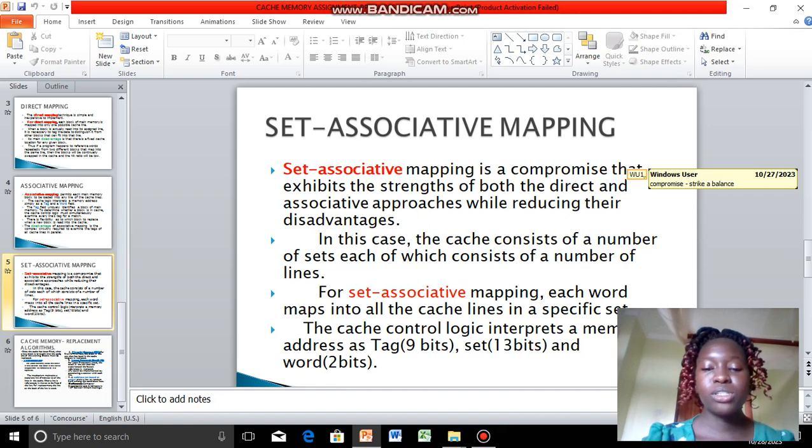Each word maps into all the cache lines in a specific set. So we have set 1, set 2. The word in the main memory block will map into the entire set 1 or the entire set 2. Then the cache control logic interprets a memory address as a tag with 9 bits, a set with 13 bits, and a word with 2 bits.